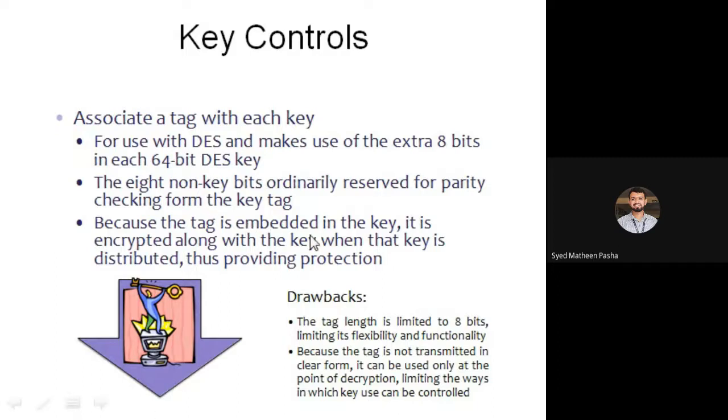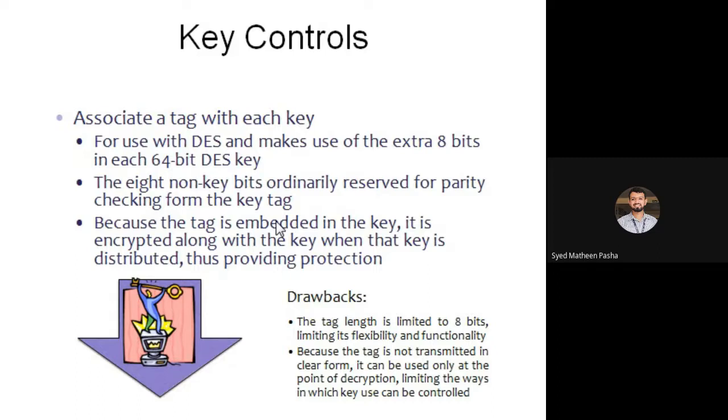Because the tag is embedded in the key, it is encrypted along with the key when the key is distributed, thus providing protection. That is the usage of these 8 bits. One usage is generating a tag. The second usage is that whenever a tag is generated, it is linked to a key with the help of encryption.